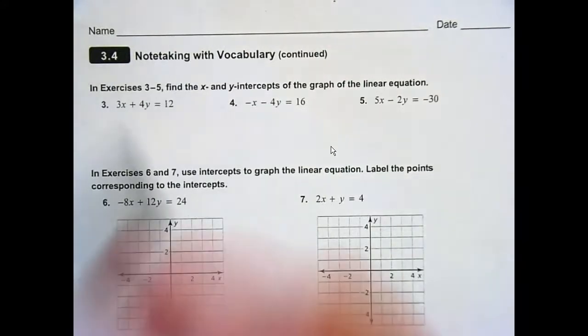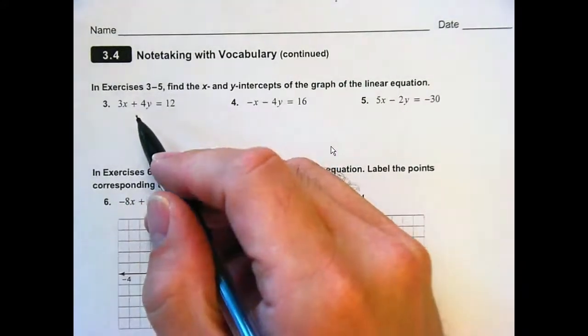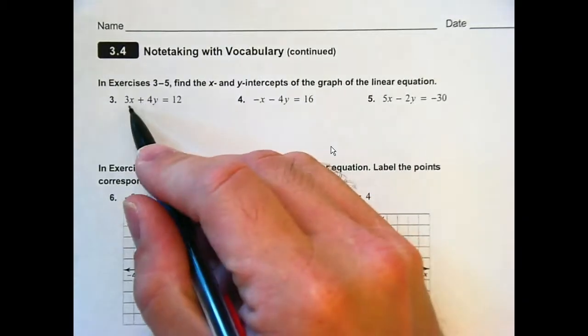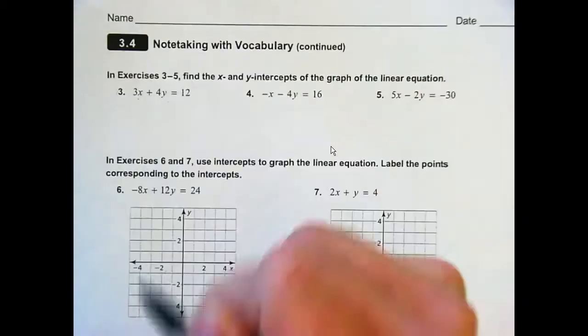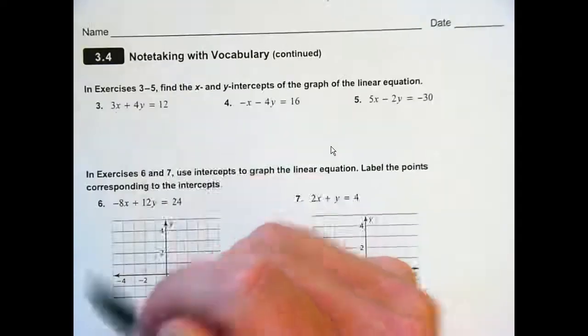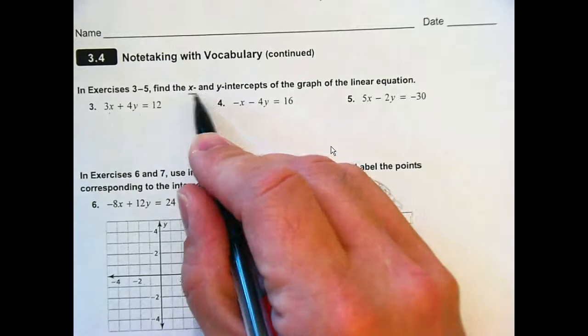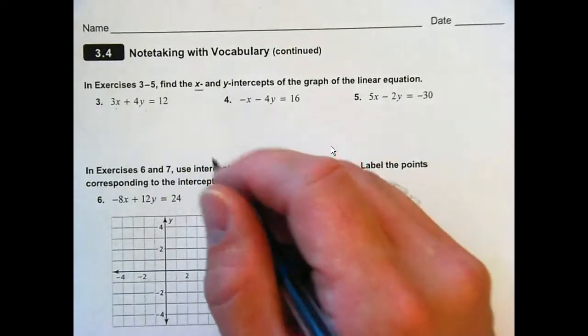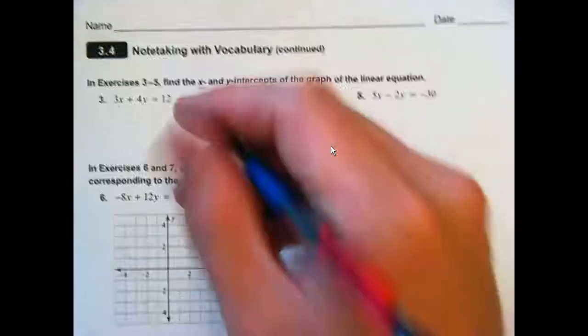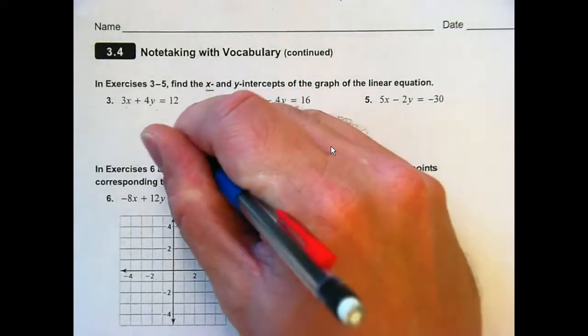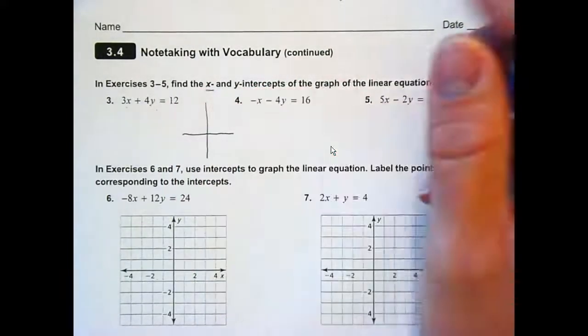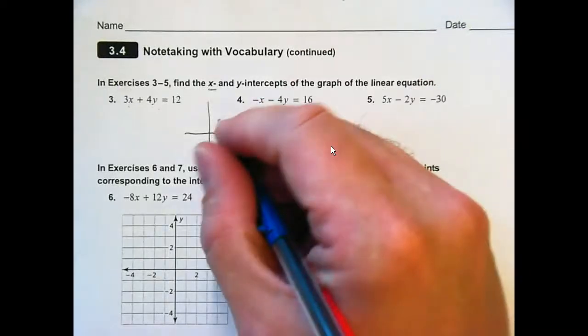This guy right here, 3x plus 4y equals 12. If I want to find the x-intercept, that means I have to cross which axis? X-axis. The x-intercept crosses the x-axis.